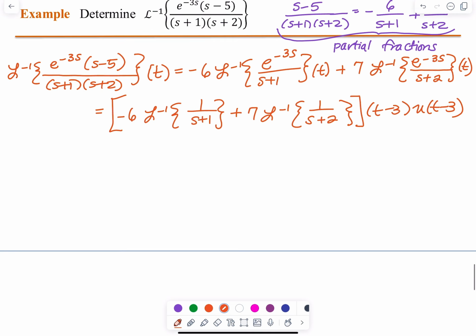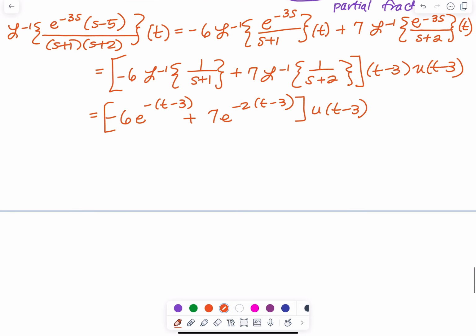And now we have that that's equal to negative 6e to the negative (t minus 3) plus 7e to the negative 2 multiplied by (t minus 3), all multiplied by u of t minus 3.